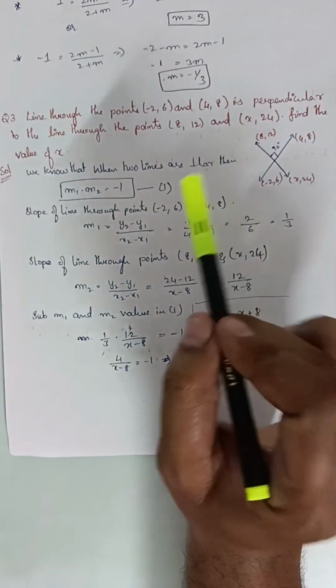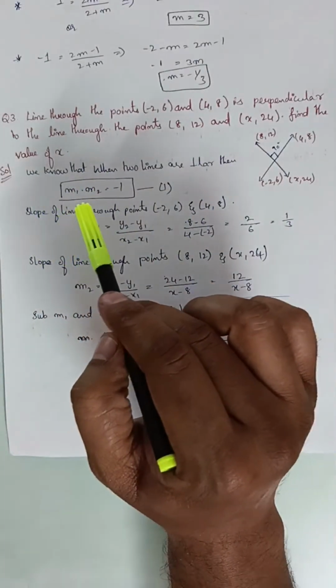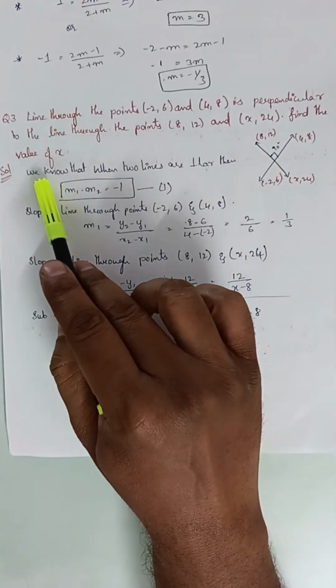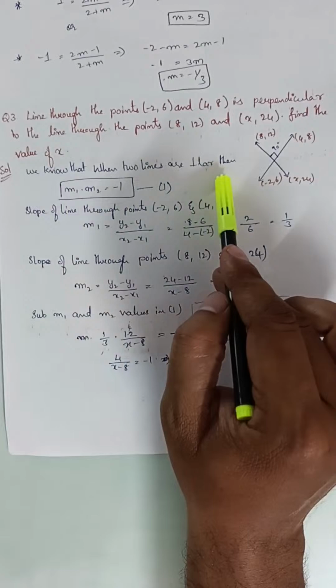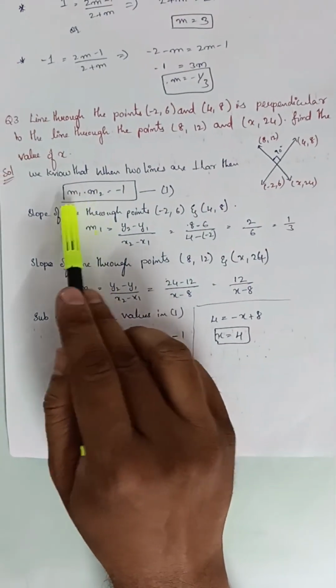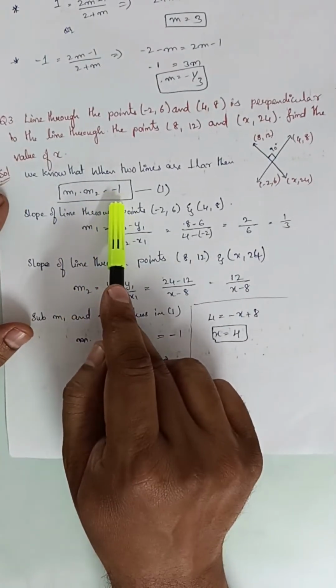Okay, we learned that when two lines are perpendicular, then the slope 1 and slope 2, when we multiply the slopes, the product we get is -1.